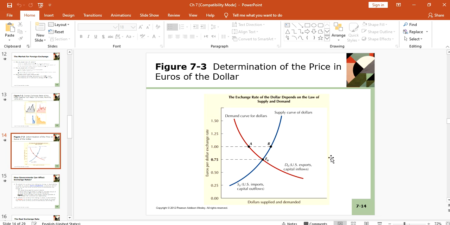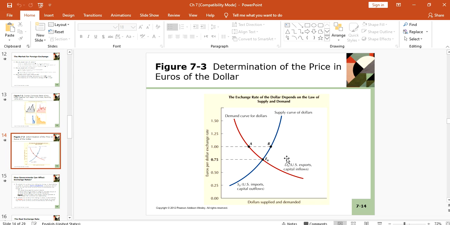Whenever the government wants, they can interfere through the central banks, and they can affect the fluctuation of the exchange rate. How does this mechanism work? Sometimes they want to stimulate exports.